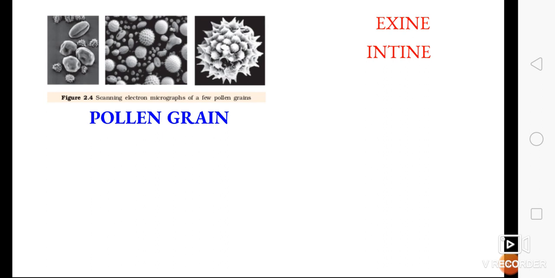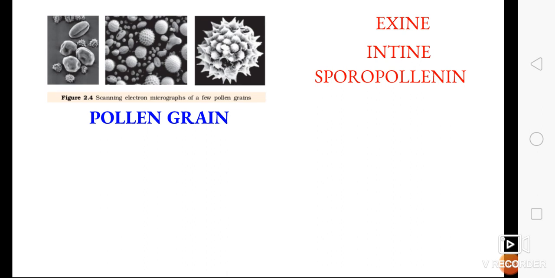Exine is formed of a chemical known as sporopollenin. The peculiarity of this chemical is that it can withstand high temperature and also low temperature. Usually it does not react with highly concentrated acid or base.